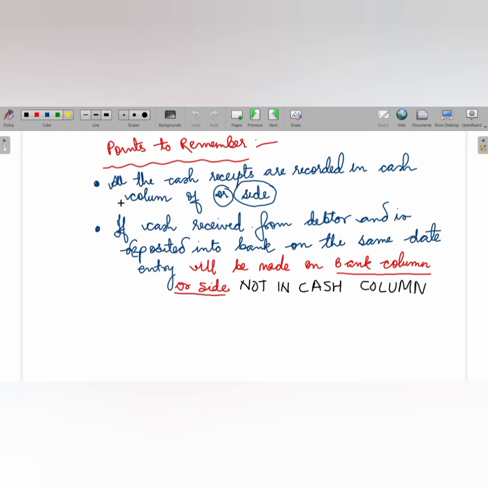All the cash receipts are recorded in the cash column of the debit side. This point is very clear. Means double column or single column, the tag is here cash book. So I have told you the cash book nature is to record only the cash transactions. वही transactions हम लोग record कर सकते हैं जो कि cash nature में हो, ठीक है?